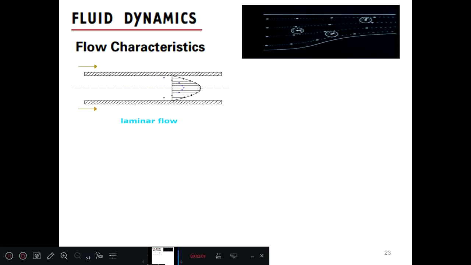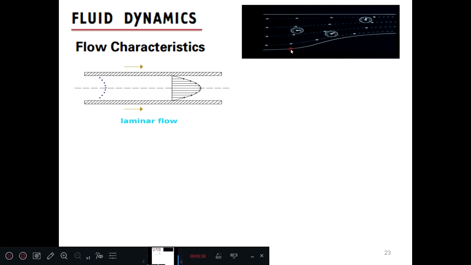The flow is said to be steady or laminar, what we call a laminar flow or streamline flow, if each particle of the fluid follows a smooth path such that the paths of different particles never cross each other, as shown in this picture.